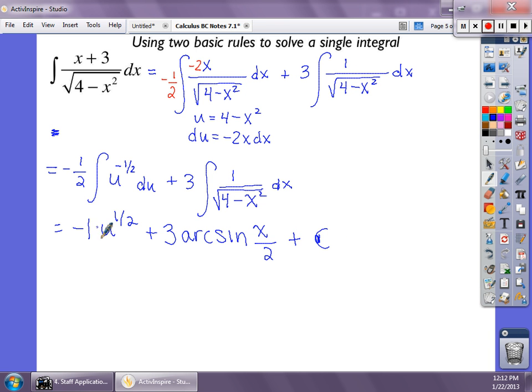Just resubstitute the u now, which was 4 minus x squared. This is negative 1 times 4 minus x squared to the 1/2 plus 3 times the arc sine of x over 2 plus c.